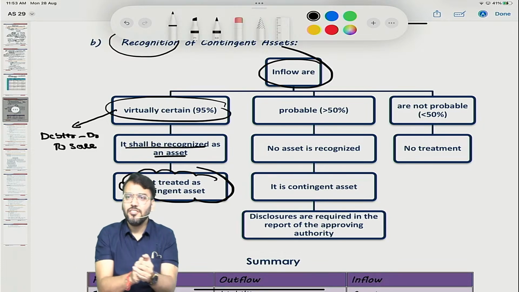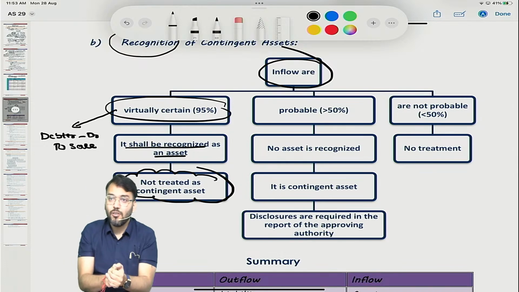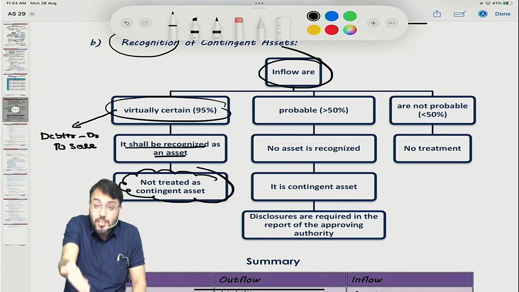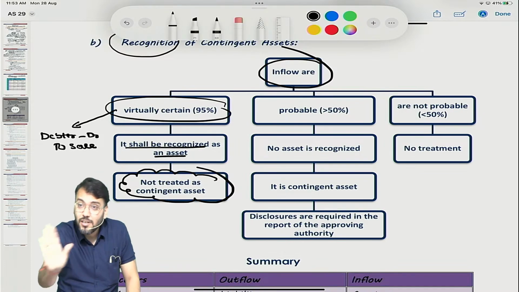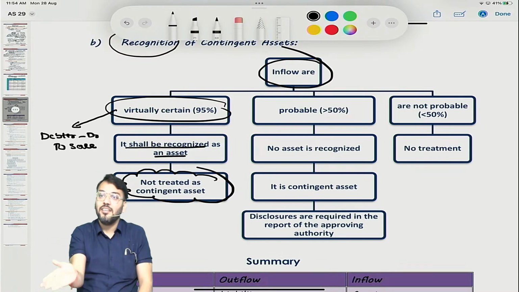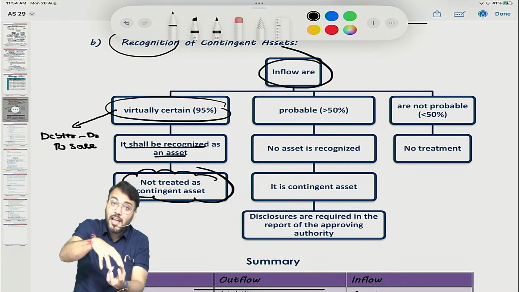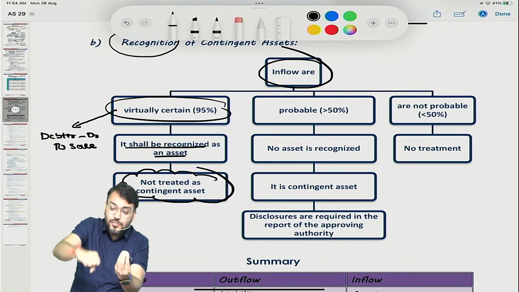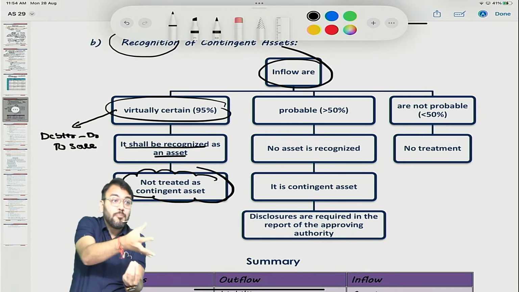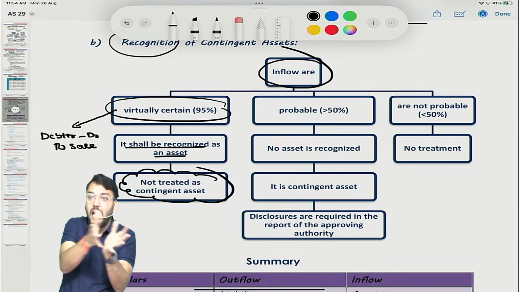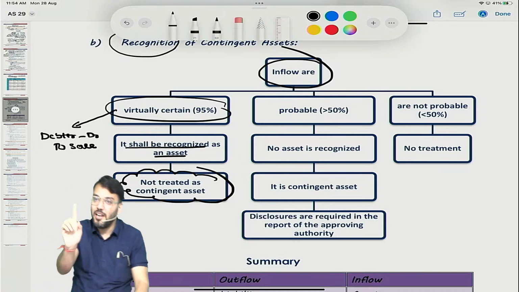Why are you not recognizing? Understood? Virtually certain means near to certain. Therefore it is not a contingent asset, it is an asset. So we are applying the conservatism principle for accounting treatment. The accounting standard has given the application of that principle. Understood?